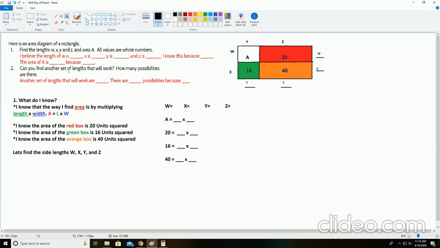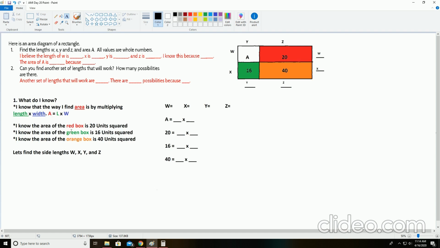So when we're finding the side lengths, here's what I wanted you to think about, because this is what we do know. They want us to find the area of this white box, which I've labeled A, just like you have on your rectangle. I know that the way to find area is by multiplying length times width. So I have my area formula here. For each one of these boxes, they've multiplied two numbers, a length and a width, to find the area.